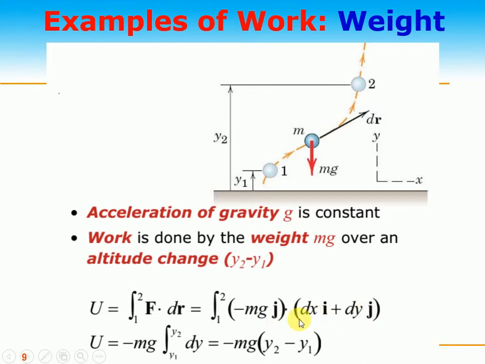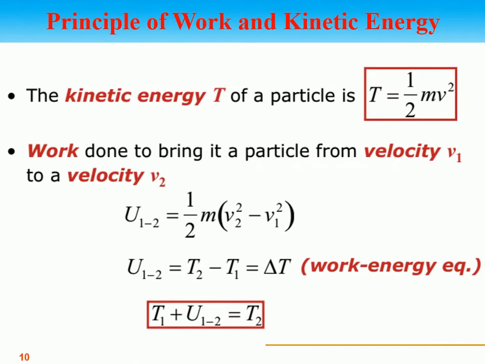In this case, there is no displacement in the x direction; the body is moving vertically downward, so we take only the j component. j dot j becomes 1. That is minus mg (y2 minus y1), or mg (y1 minus y2). So we discussed the work done by the gravitational force, by the spring, and by a simple constant force. This is the way we can tackle these problems.